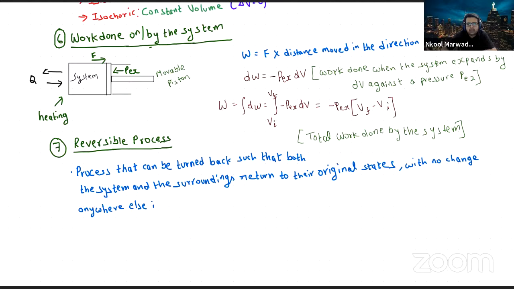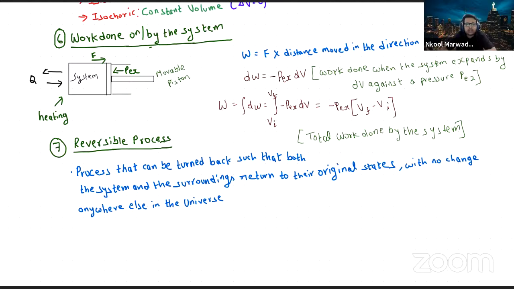So this is the main idea of reversible process. I should be able to get back to the original state without any change anywhere in the universe. Everything should be undone. There should be an undo button.